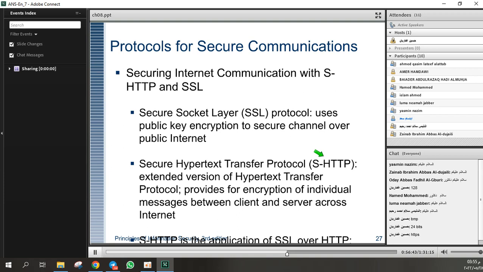In current days, you find most websites with HTTPS at their beginning. It means that the content of your website is encrypted through SSL protocols.